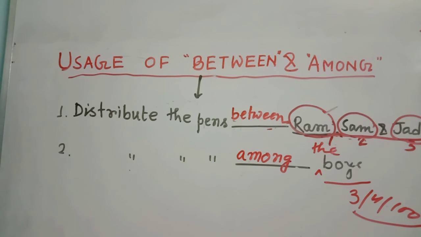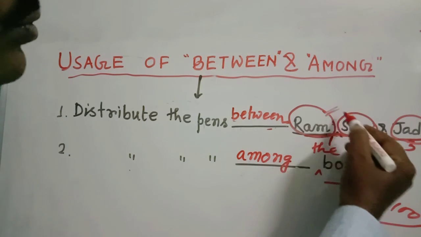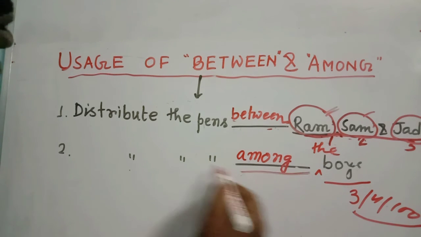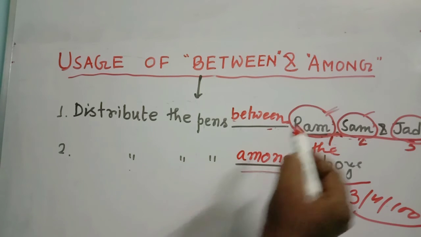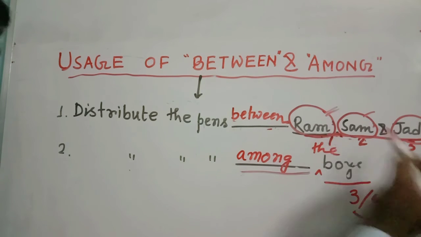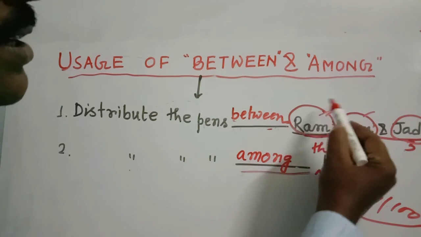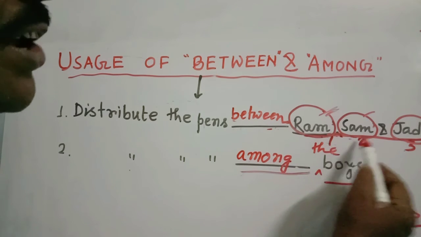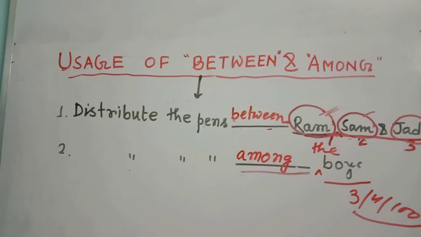The important thing is that if these nouns are clear, individual, or single, we use between, and in the rest of the places we use among. Here in this sentence, these three persons are individuals and clear to you. You can clearly identify these three persons. That's why we have to use between.